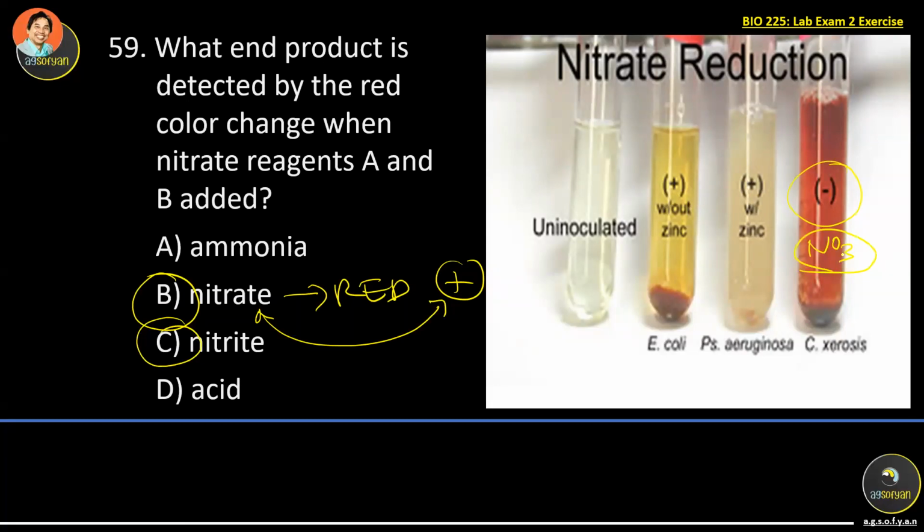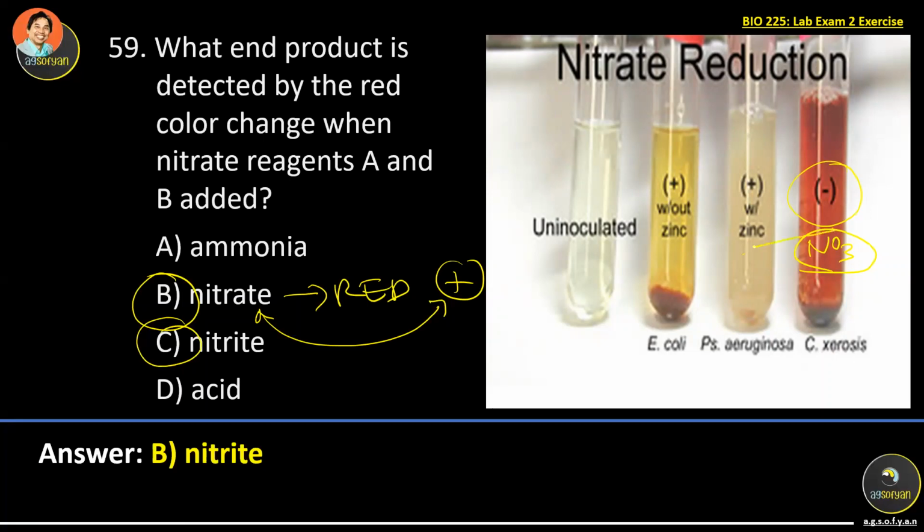Okay, the substrate is still there. Oh, that's positive. Let me see. What end product is detected by the red color change when nitrate reagents A and B are added? So by the red color.